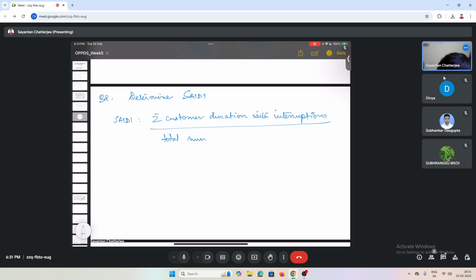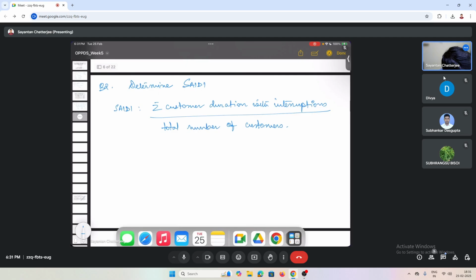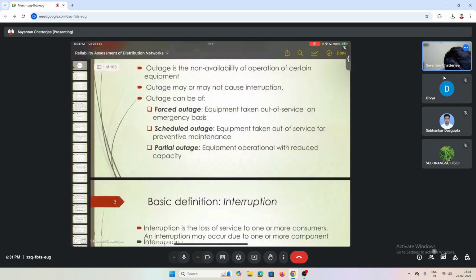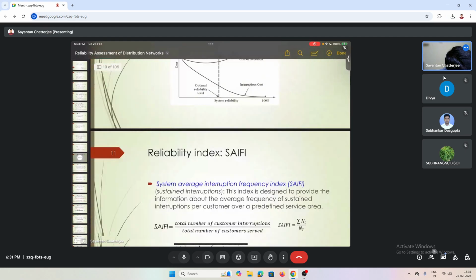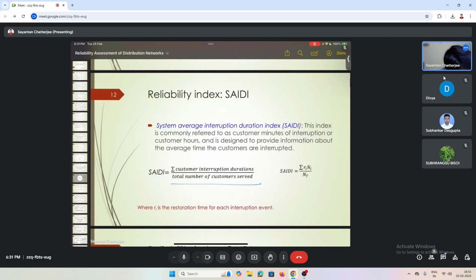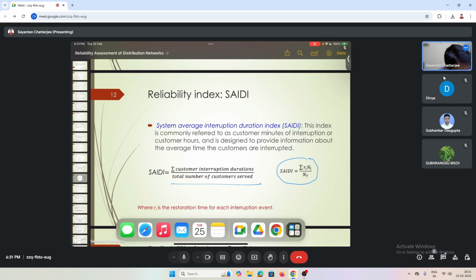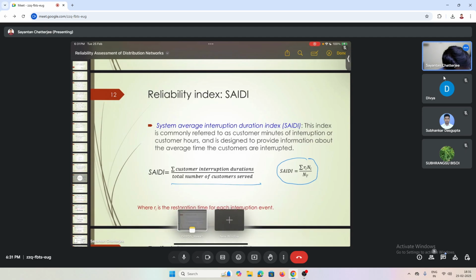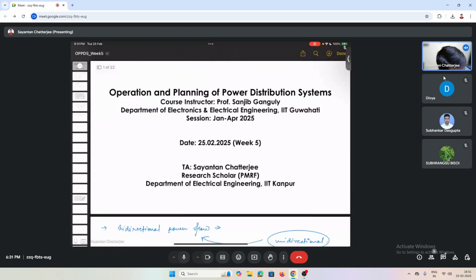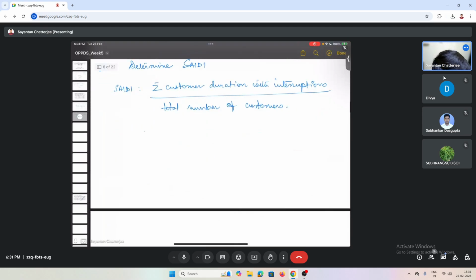Yes, total number of customers served. So this is SAIDI, the sum of Ri Ni divided by Nt in total.